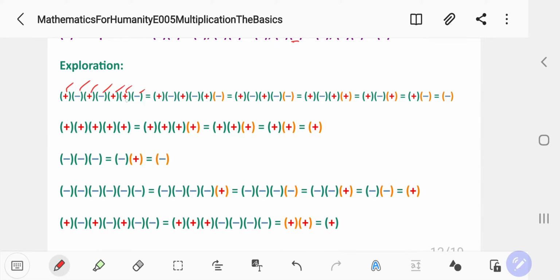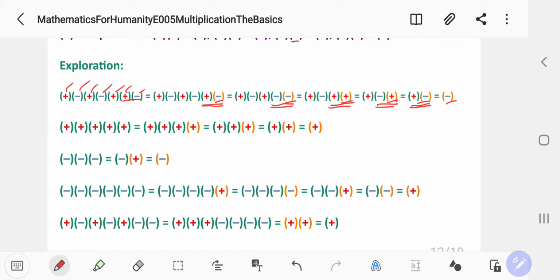So this one, the product is negative, and the product of these two is negative, and then the product of these two is positive, and the product of these two is positive, and then the product of these two is negative, and the product of these two is negative.